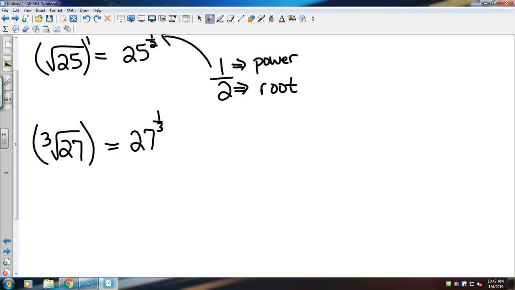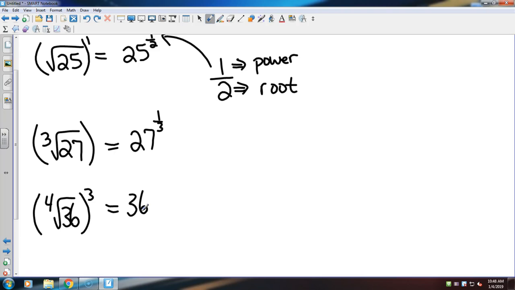So let's take that another step and show a difference in the fraction. What if I were taking the 4th root of 36 to the 3rd power? That would be the same thing as 36. Sorry, the bell went off.